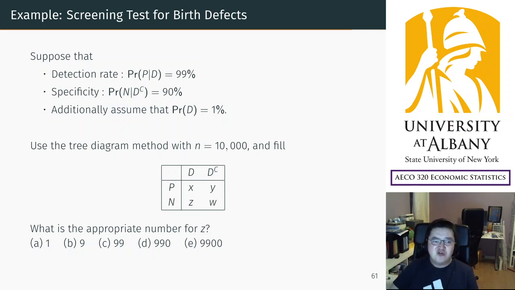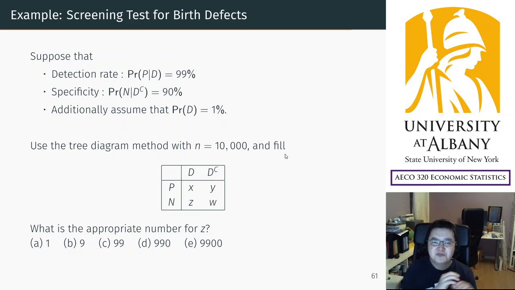To do that, you have to understand how to calculate the probability you want to know. And I already taught how to do that, the tree diagram method. And now use the tree diagram method with 10,000 hypothetical sample size and fill this frequency distribution table.